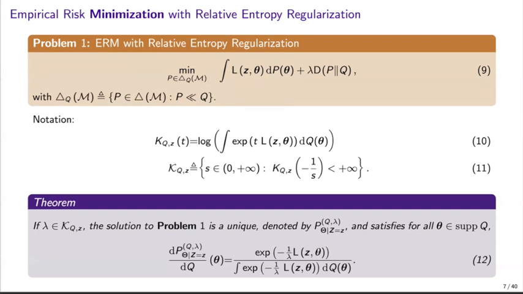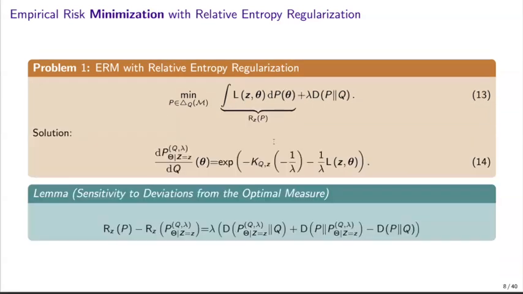For instance, models that induce a high empirical risk with respect to this data set are going to receive very low probability. And the denominator is simply there for ensuring that this is actually a probability measure. So you see that the denominator is exactly what we have here in equation 10. So key point, this is a Gibbs probability measure. The solution to this problem is a Gibbs probability measure.